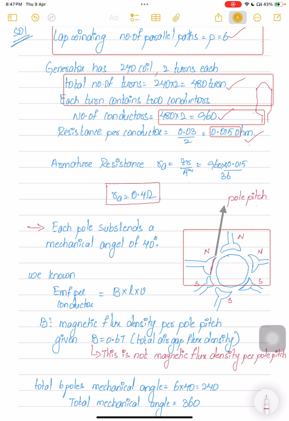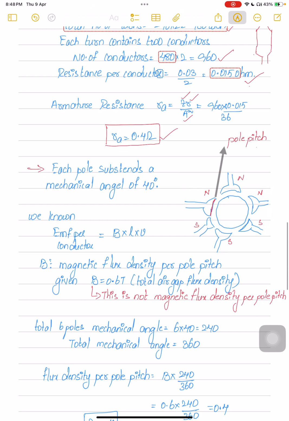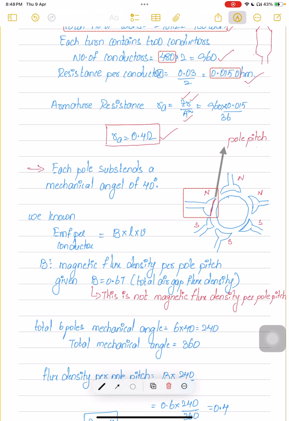Armature resistance Ra is ZR by A squared, where Z is the total number of conductors, R is the resistance of each conductor, and A is the number of parallel paths. By substituting the above data, we get an armature resistance of 0.4 ohm.